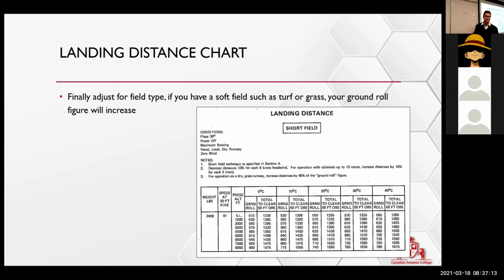So you don't do 40% of this, you just do 40% of the ground roll. And then whatever number you get, you add that. All right, so that'll be 1439. Oh, I actually did it fast.